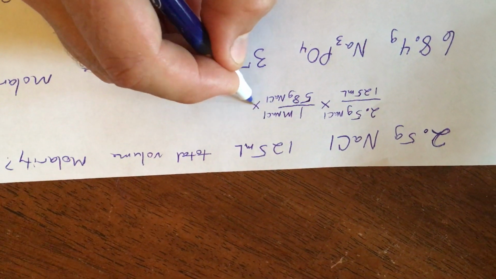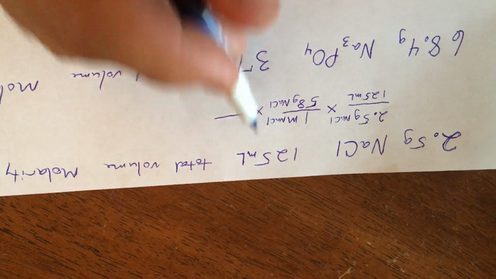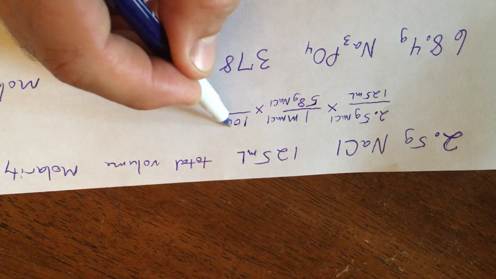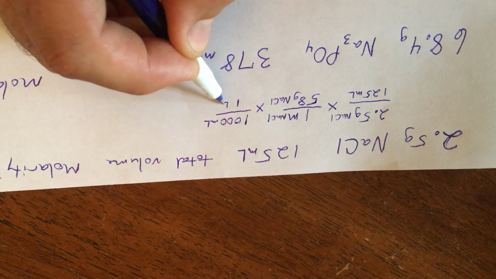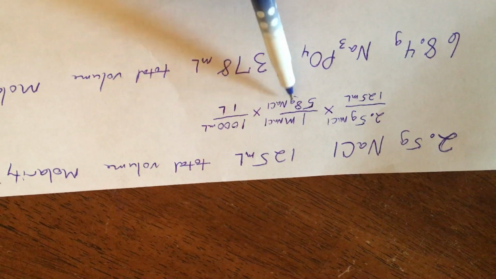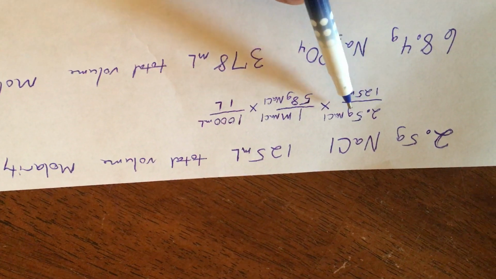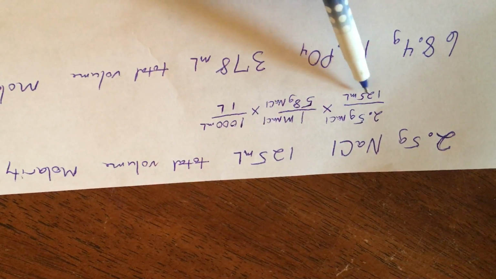Now, we need to be in liters here, so 1,000 milliliters in 1 liter. So I've got my molar mass factor, my milliliters to liter factor, and then this is how many grams of sodium chloride in my total volume.